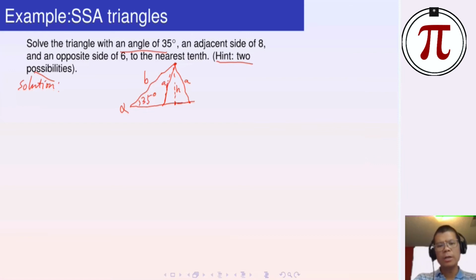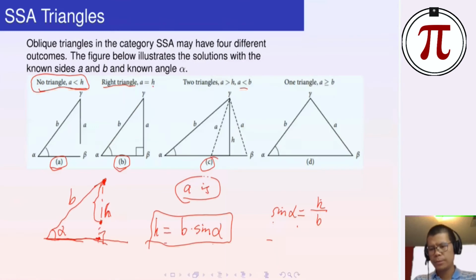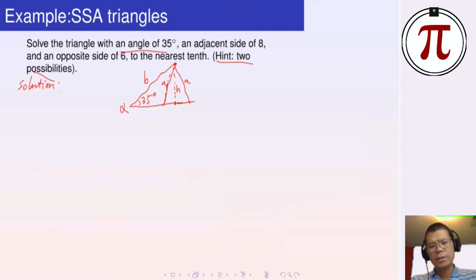As we know, h equals b times sine alpha. Now, the adjacent side is 8, so b equals 8, and this angle is 35. So h would be 8 times sine 35, yes?